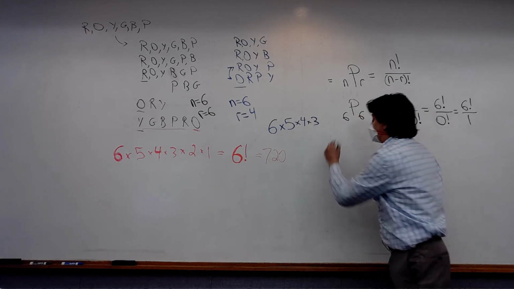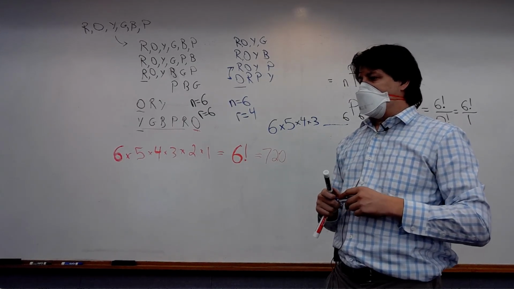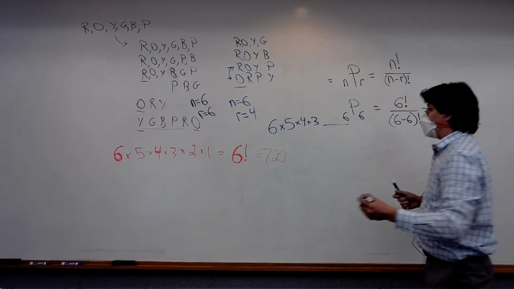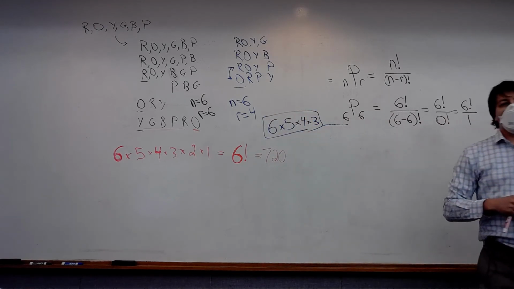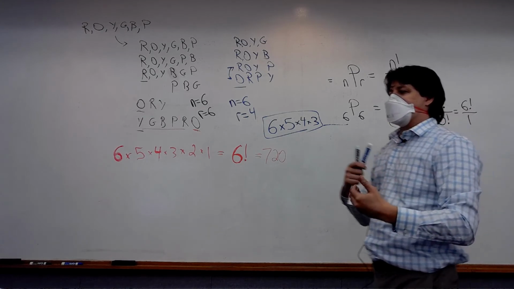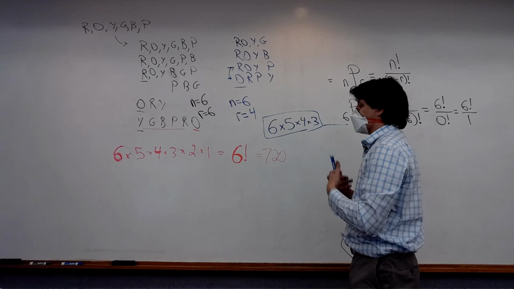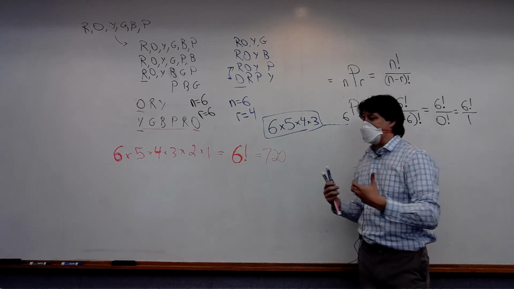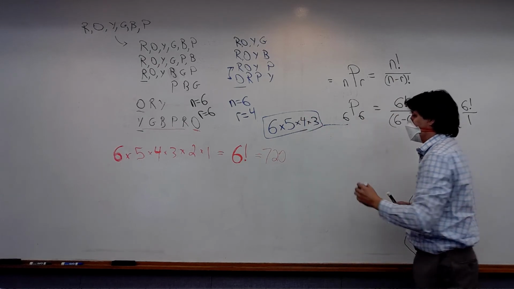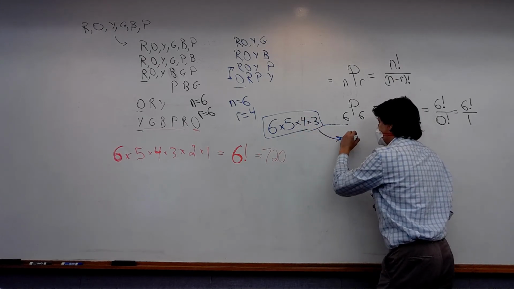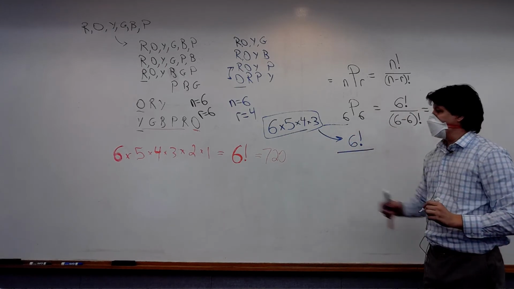What's changed is that we don't have this times 2 times 1. And so our answer is going to be 6 times 5 times 4 times 3. But we don't have a shorthand way to describe that mathematically. And again, as we turn to more complex scenarios, it's going to be helpful to be able to shorthand things. So how do we shorthand this? Well, this is 6 factorial divided by 2 times 1.